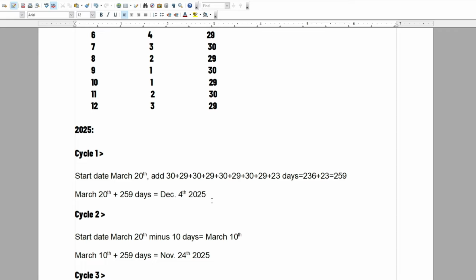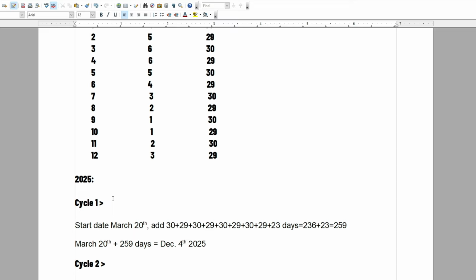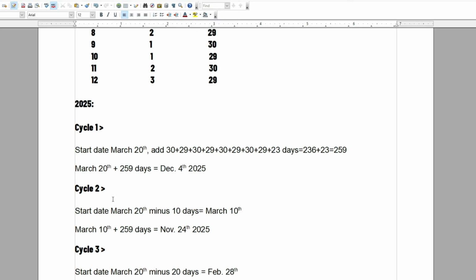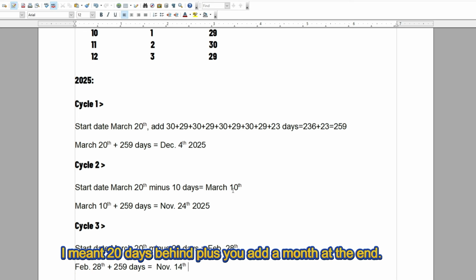If we were on cycle 2, however, you would have to subtract 10 days because at the end of each cycle, the first cycle, you're behind the solar cycle 10 days. And on the third one, you're 30 days behind. So on this one, I'm 10 days behind.